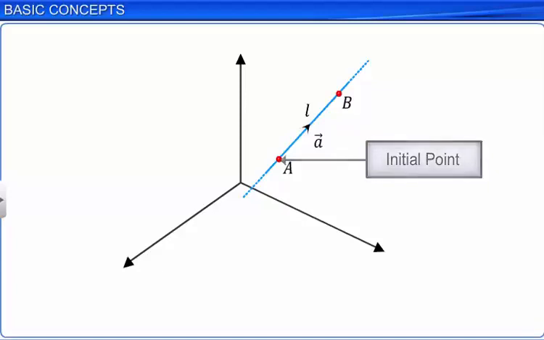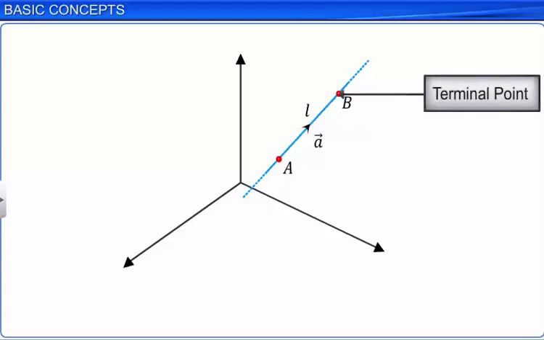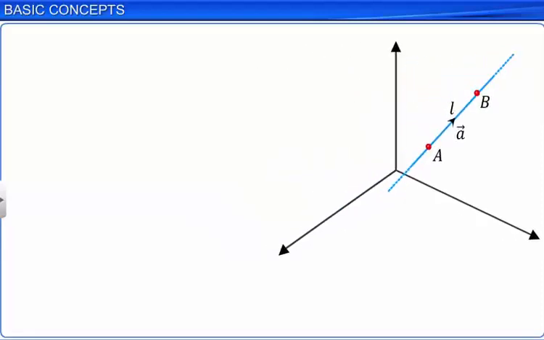Point B, which is the end point of vector AB as per the given direction, is called the terminal point of vector AB. The arrow placed above vector AB always points from the initial point to the terminal point of the vector.